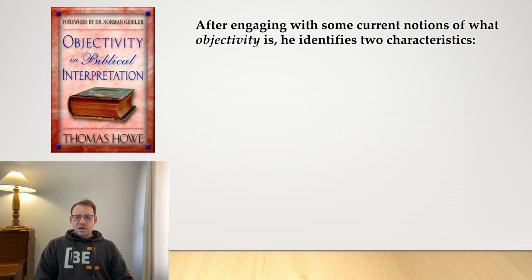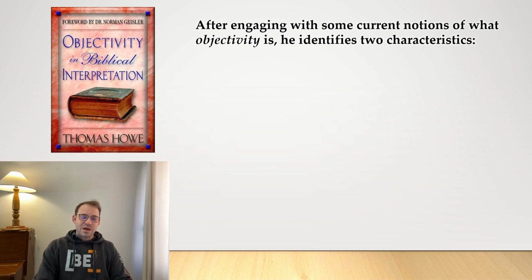Now, after Tom Howe engages with some current notions of what objectivity is, he identifies two characteristics. Over the course of a couple of pages, he engages with the literature of scholars who write about the notion of objectivity, and then he comes to two.